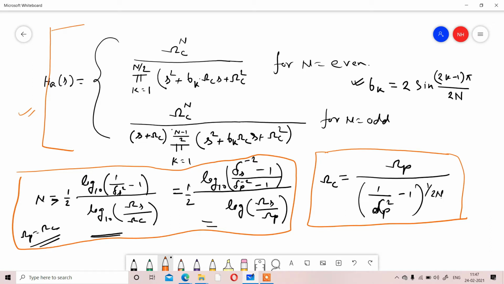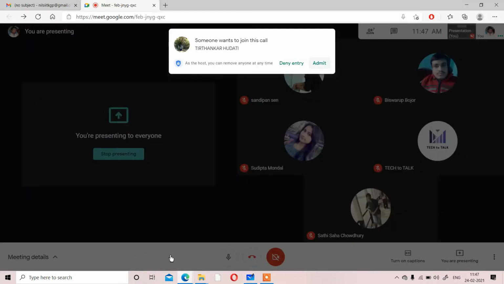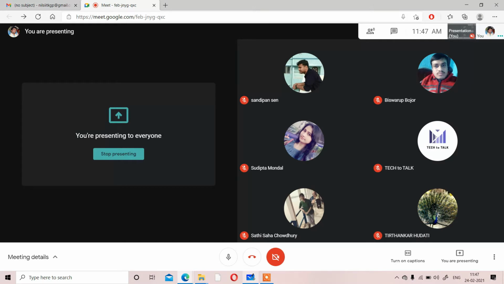and in today's class you will see how to convert the analog filter into the digital filter, because all of you know that the system that we use is a digital processor.